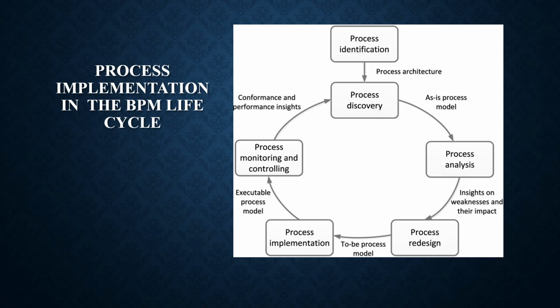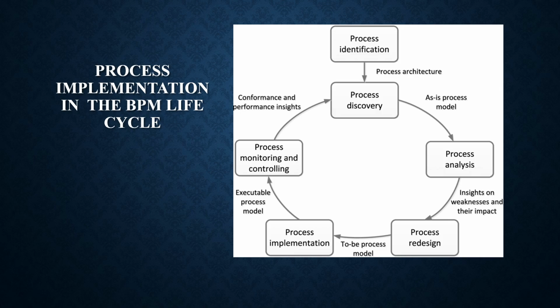Now we have reached process implementation in the BPM life cycle. We are now concerned with the executable process, which can be used at runtime to process new business cases. Process identification produces the process architecture, and then process discovery produces an as-is process model.